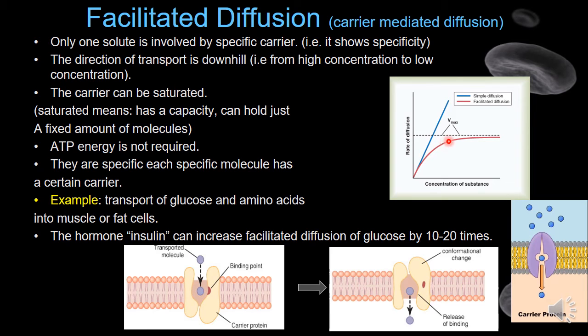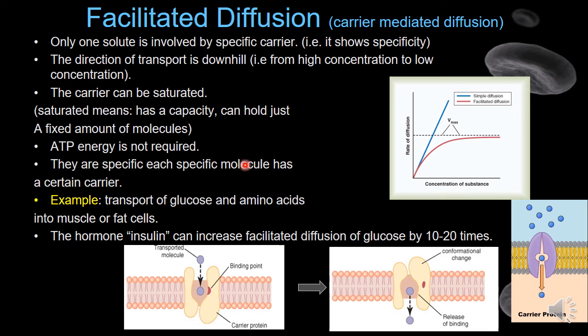But for facilitated diffusion, again, it is proportional to the concentration, but it will reach its maximum, and with an increase in the concentration of the substance, there will be no further increase in the transportation, simply because it is saturated.